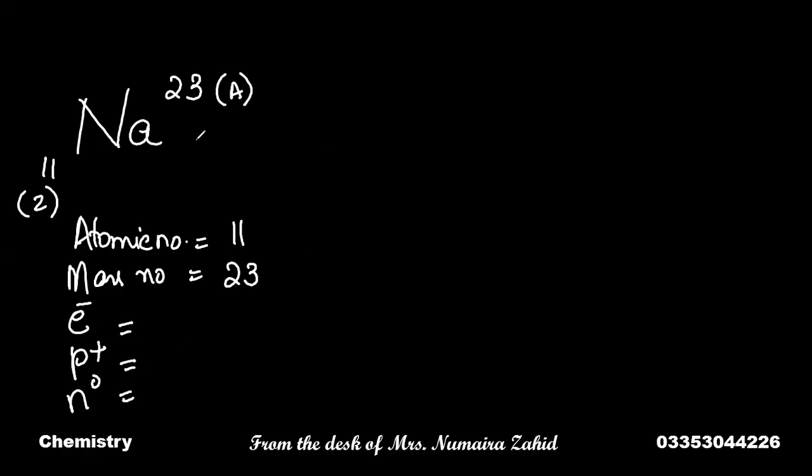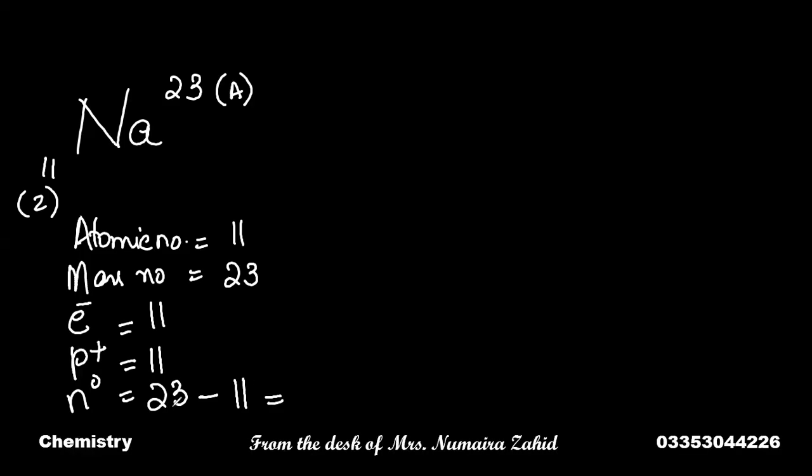As we know, the atomic number is the number of protons present inside the nucleus of an atom. So there should be 11 protons and 11 electrons because it is a neutral atom. The mass number is 23, so the number of neutrons can be calculated by subtracting the atomic number from the mass number.